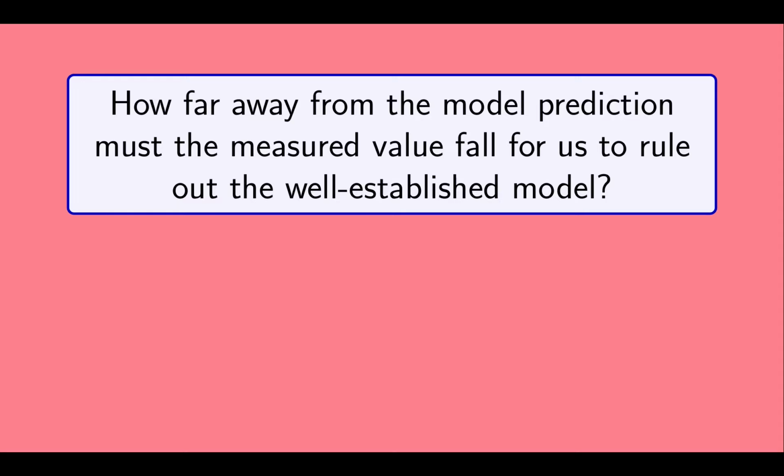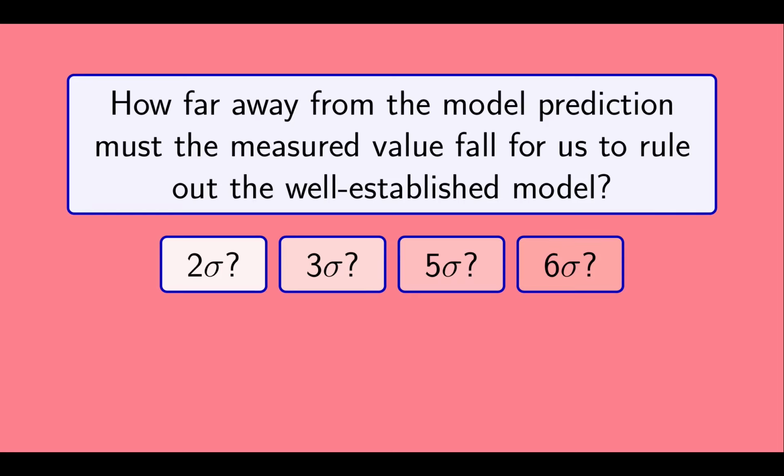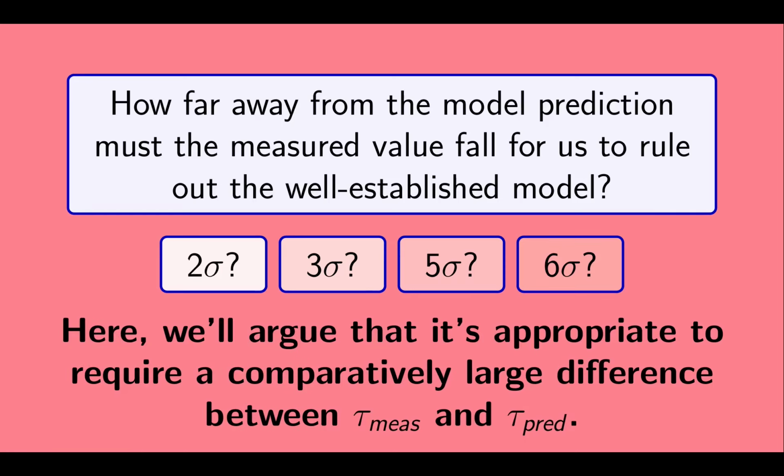How far away from the model prediction must the measured value fall for us to rule out the well-established model? 2 sigma? 3 sigma? 5 sigma? 6 sigma? Here, we'll argue that it's appropriate to require a comparatively large difference between tau measured and tau predicted.